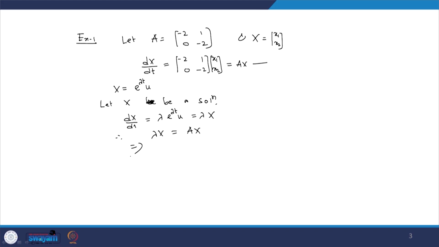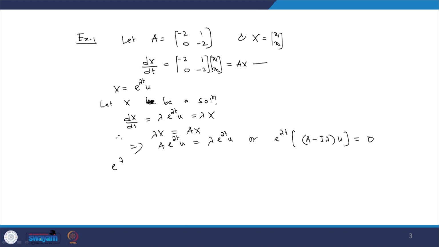So, we have lambda times X equal to AX. This implies A into e to the power lambda t into u must be equal to lambda times e to the power lambda t into u, or e to the power lambda t into (A minus lambda I) into u equal to 0.